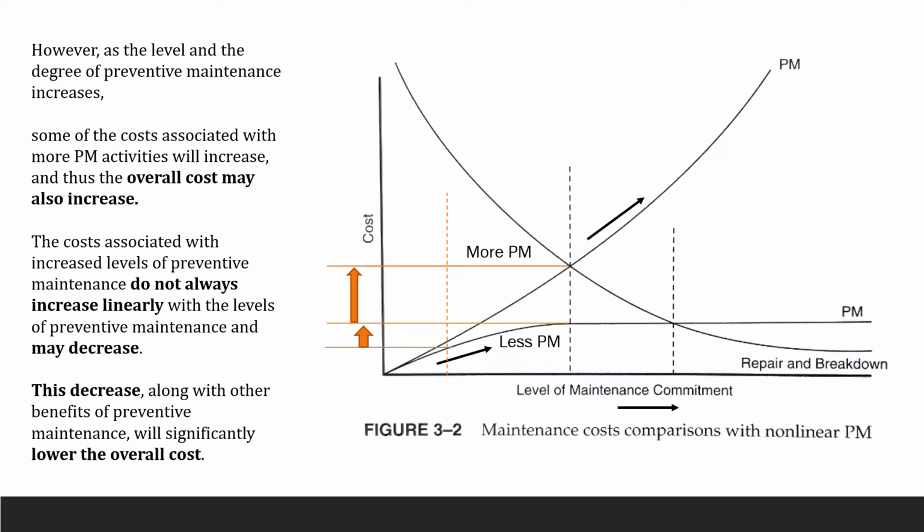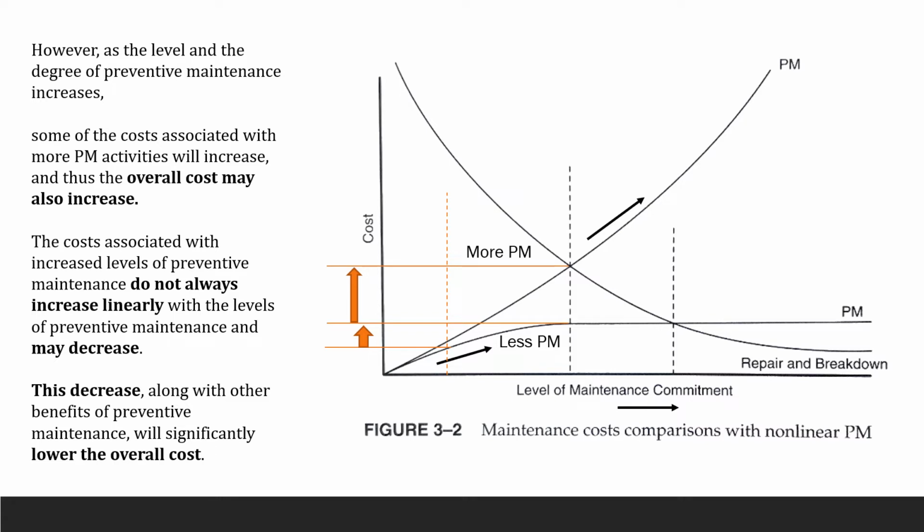That decrease, along with other benefits of preventive maintenance, will significantly lower the overall cost. So it will definitely increase the profit by saving the cost of repair and breakdown.